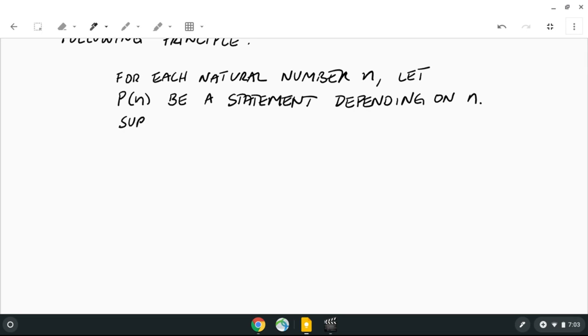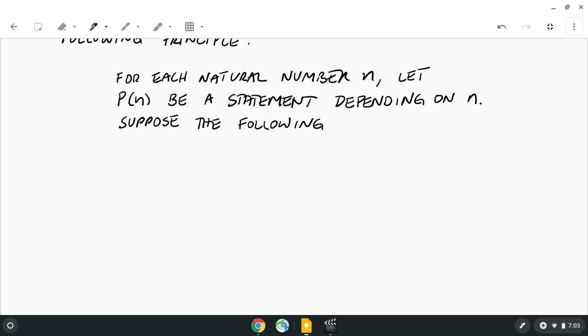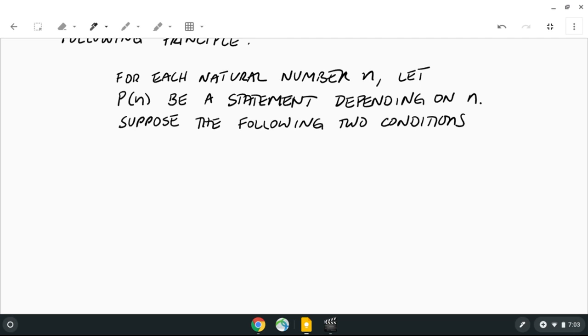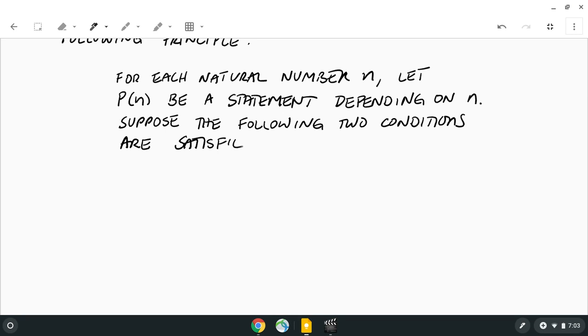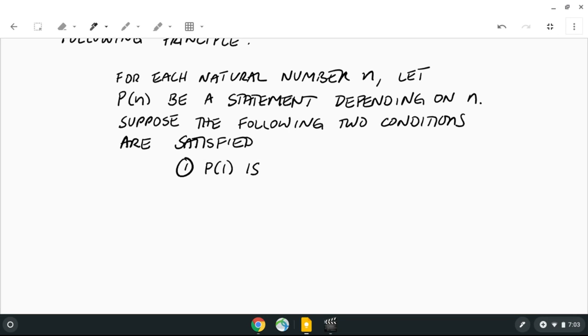And suppose the following two conditions are satisfied. Number one, P of 1 is true. So whatever the statement is, it's true for P of 1.